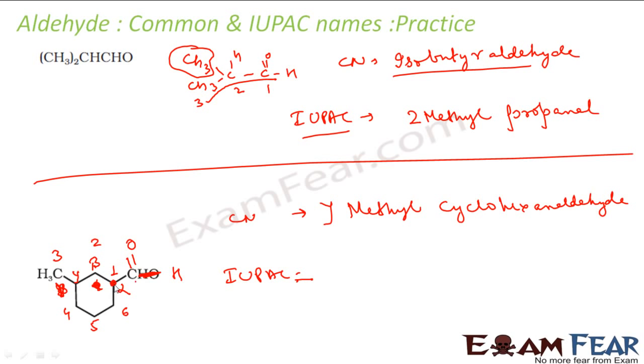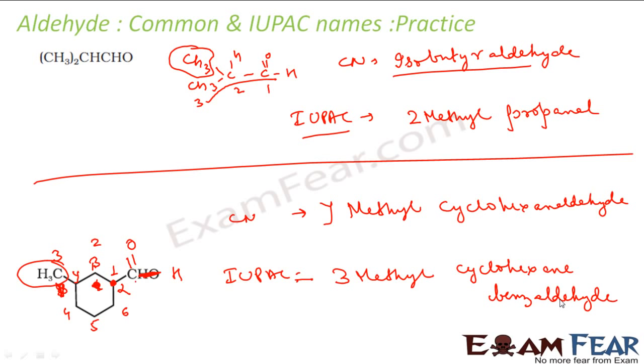So the numbering starts in the ring from the carbon that is nearest to the CHO group. In this case, at third I have a methyl group, so it will be 3-methyl, and then cyclohexane, and we append carbaldehyde.